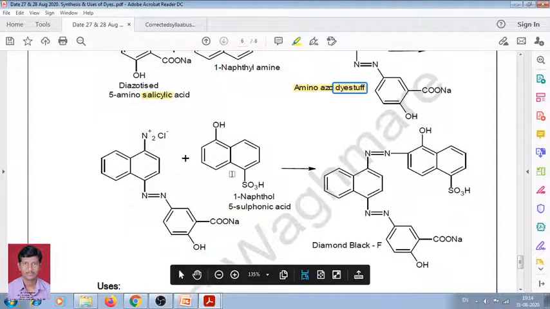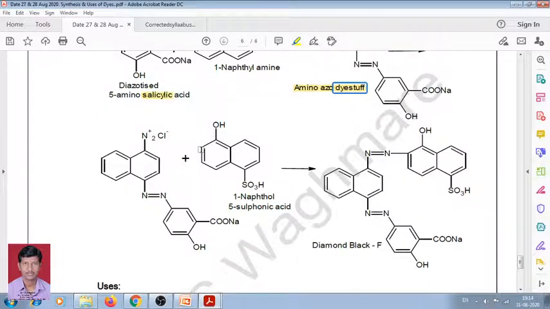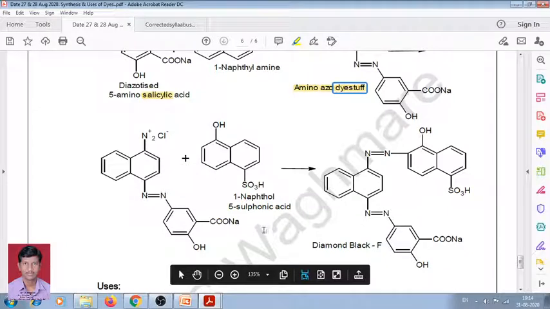Again a coupling reaction takes place at the second position of this phenol, because this is the active position, between the diazo compound and the second active position of this 1-naphthol 5-sulfonic acid.